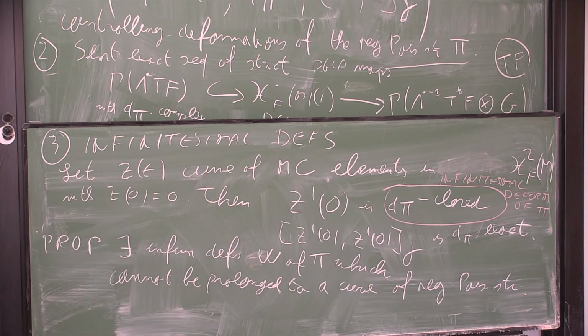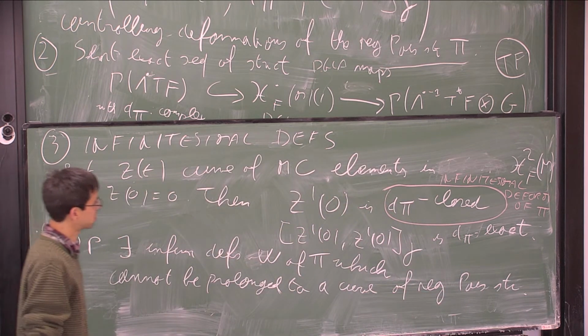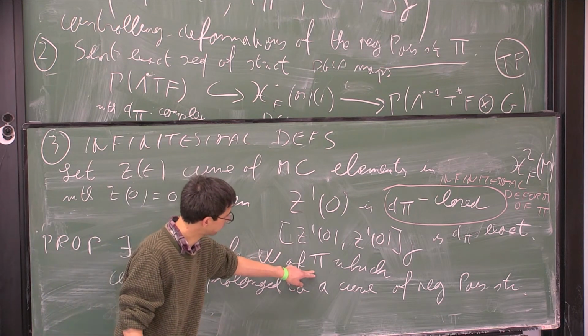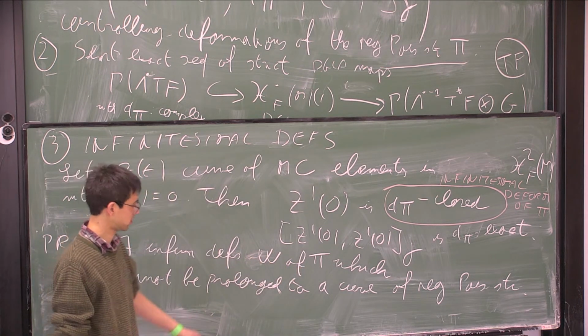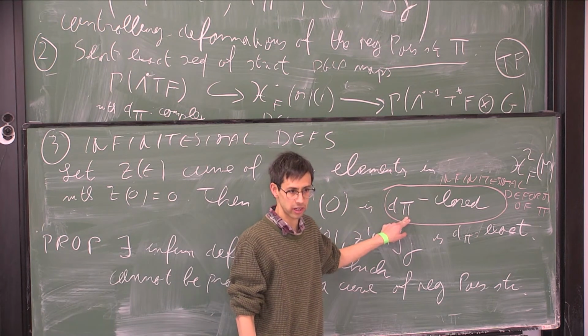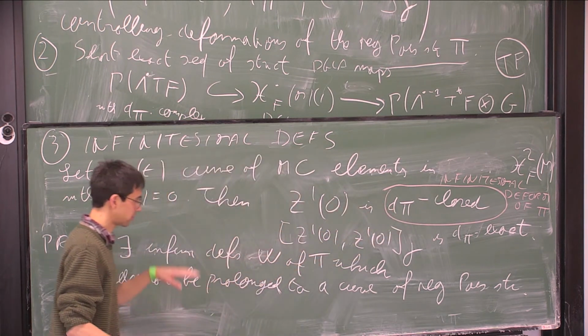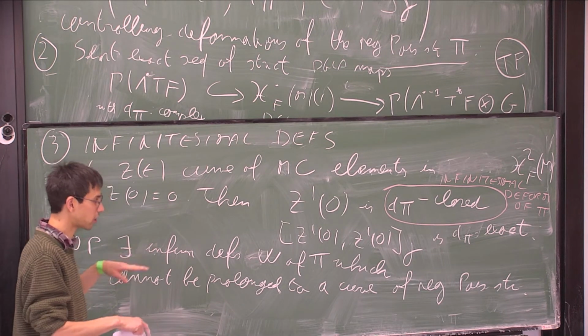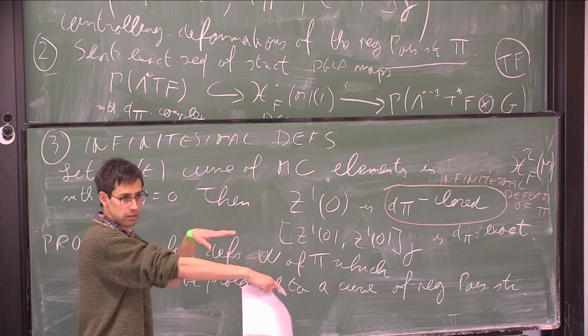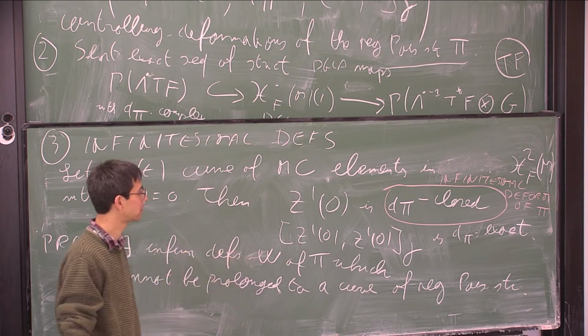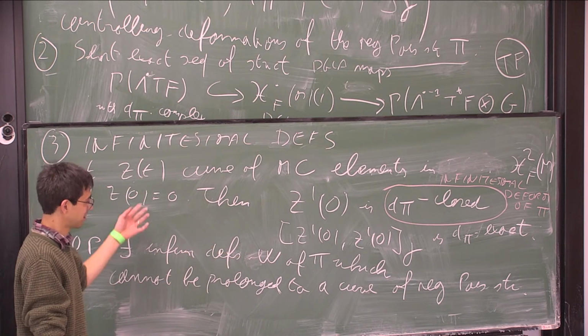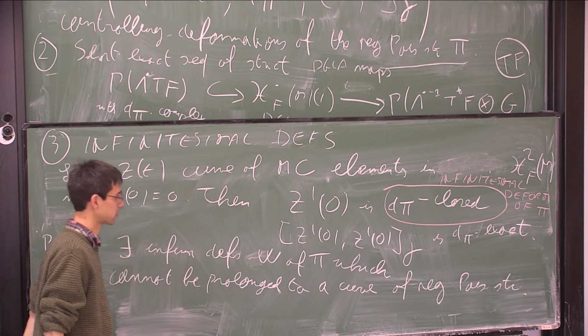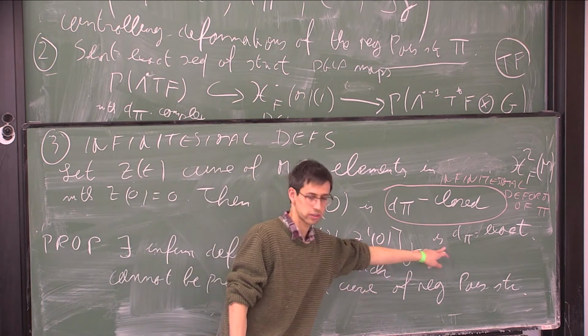What I'm saying here is that if you take a bivector field which is closed with respect to the Poisson differential, that's a candidate for the velocity of some path of regular Poisson structures. Well, it is not always the initial velocity of a path of regular Poisson structures. This is not surprising, because if it came from a path of regular Poisson structures, you would have this condition here, exactness.